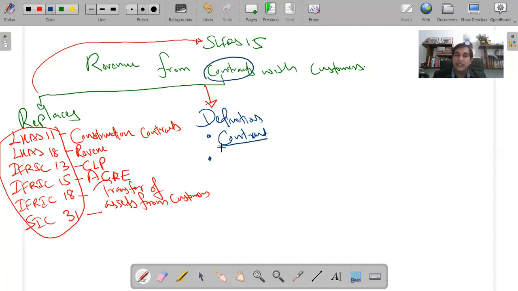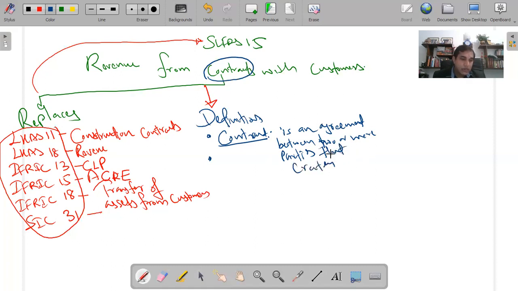What is a contract? A contract is an agreement between two or more parties that creates enforceable rights and obligations. This is the definition of contract.